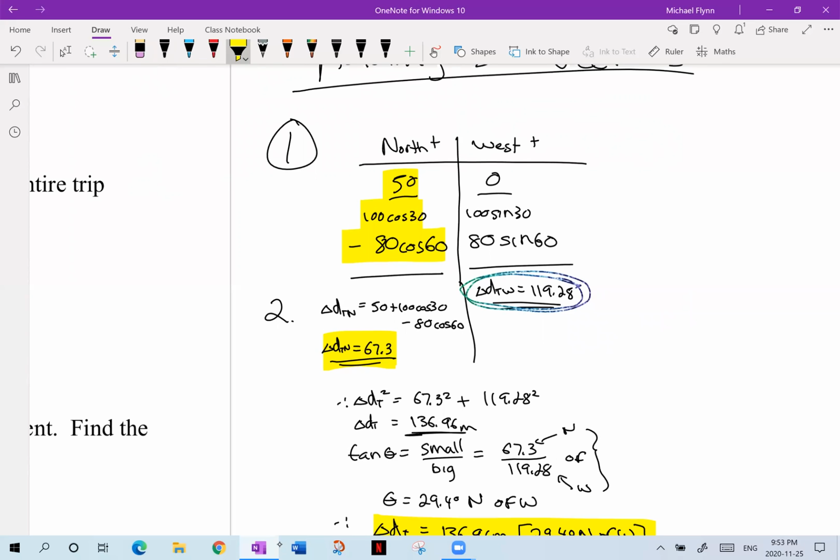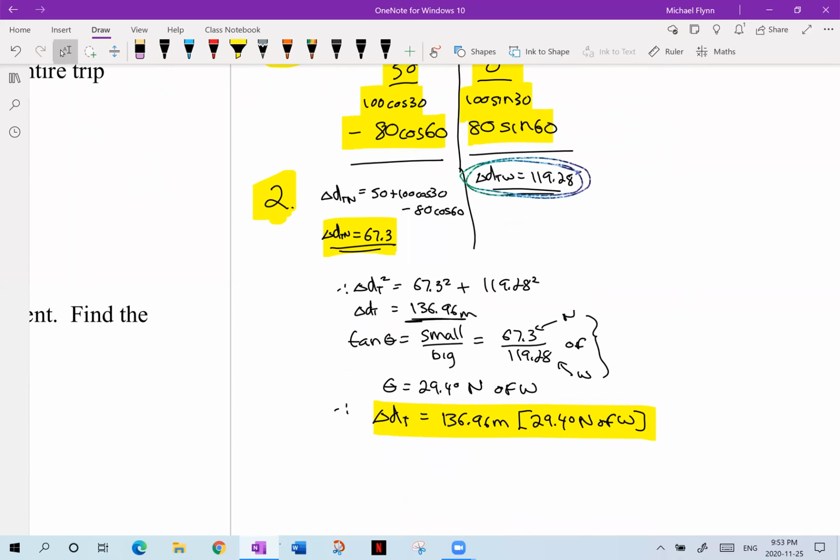So step one, okay, make the table. Write down the components of each vector in the table. Step two, add each component separately, the north ones, the west ones. Step three, Pythagorean theorem to get the result, the size of the vector.